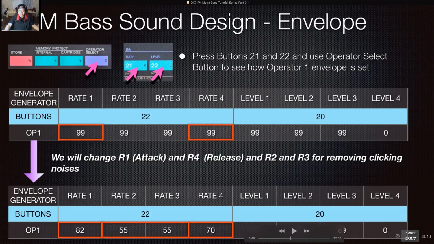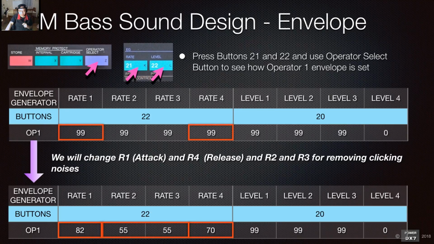Now, in part 1 of this tutorial series, I explained the problems of the DX7 envelopes. If you set rate 2 and rate 3 to 99, you hear this clicking noise. It doesn't matter if you adjust the output level, you still hear the clicking noise.